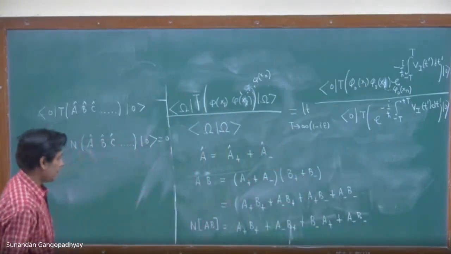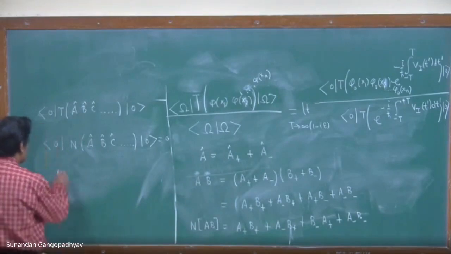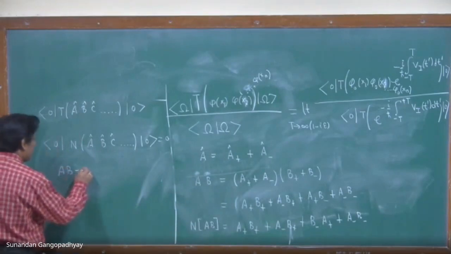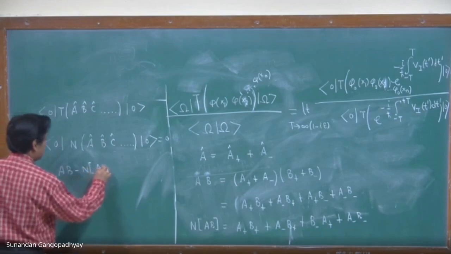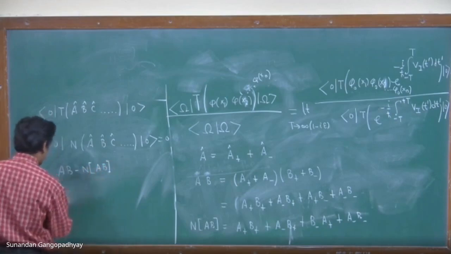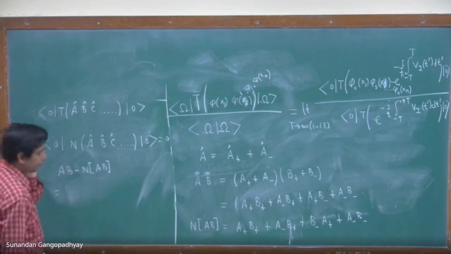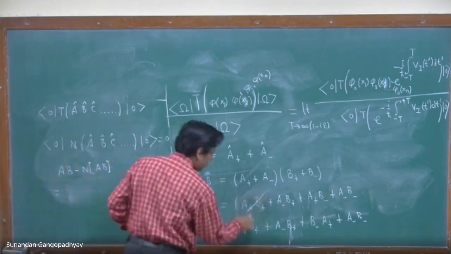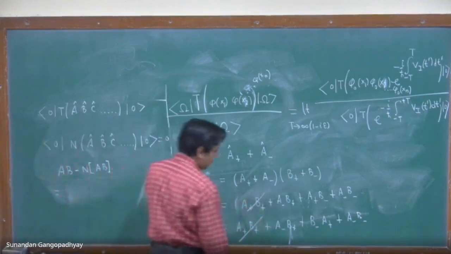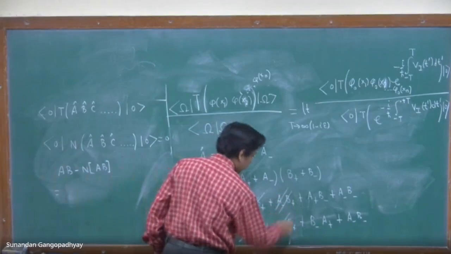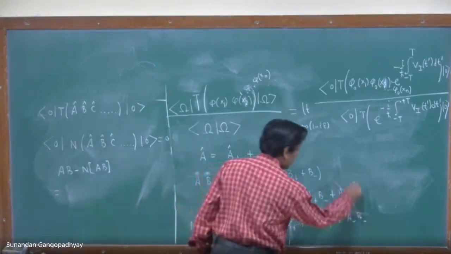Now, let us subtract N of AB from AB. If you subtract it, what shall we get? This term will cancel, this term will cancel, this term will cancel.